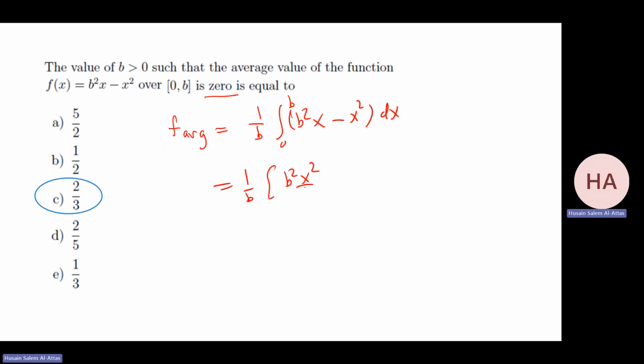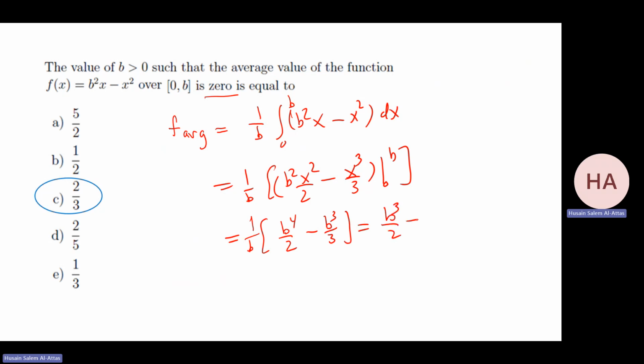B squared x squared over 2 minus x cubed over 3 from 0 to B. That will give me what? Yeah, 1 over B times B to the power 4 over 2 minus B cubed over 3. In other words, that will be B cubed over 2 minus B squared over 3. And that should be equal to 0.